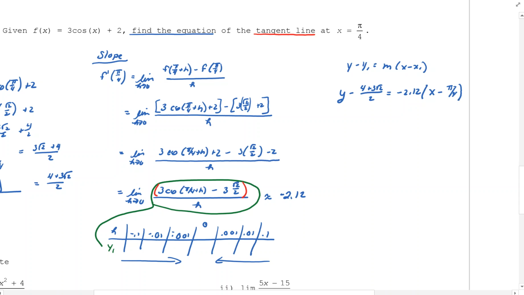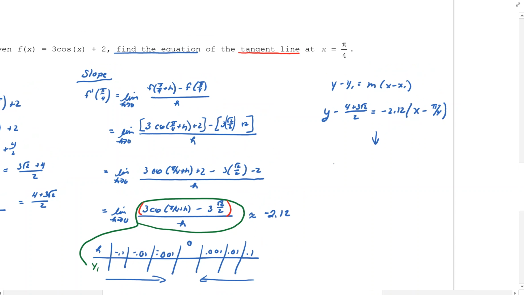Now what we might be able to do, because this negative 2.12 is already an approximation, yes, we could approximate with that root 2 over 2 as well. So we could have y minus 4.12 equals negative 2.12 times x minus pi over 4.